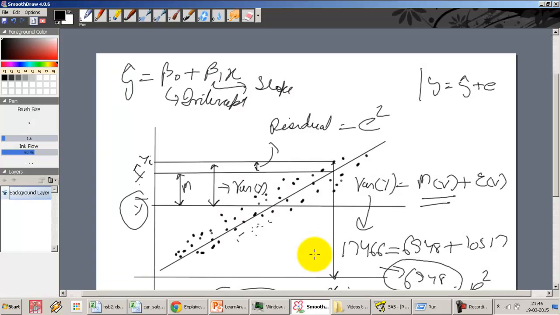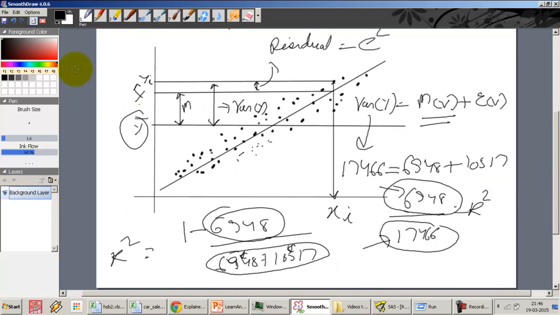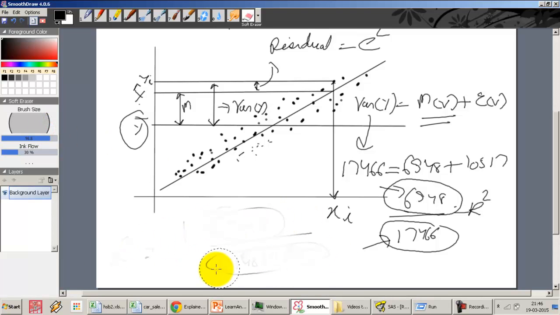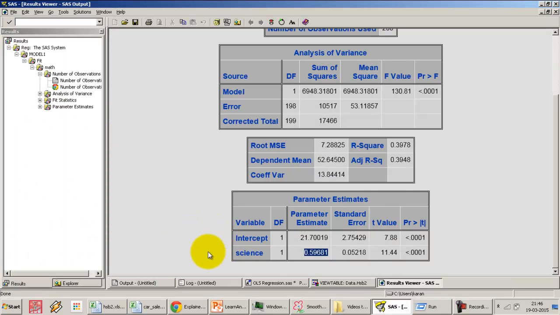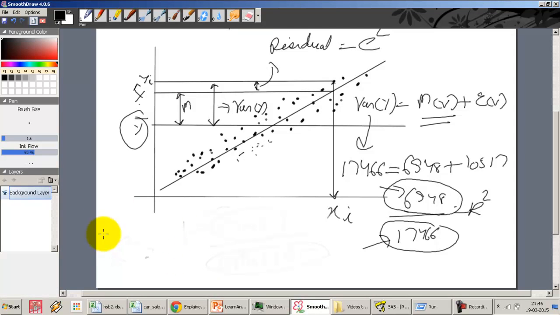So what it is essentially telling me is that math is a function of science.